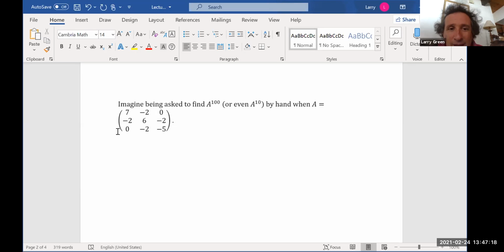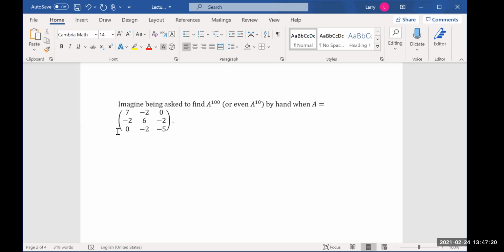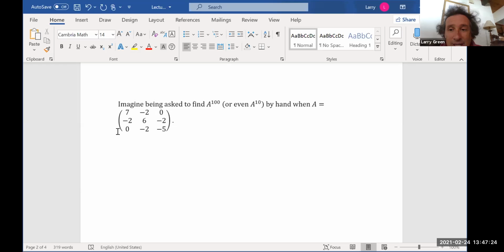We know A to the 100th is P times D to the 100th times P inverse, right? D to the 100th, we saw on that example, is easy. You just take the 100th power of every number in D. Does that make sense? And then we multiply by P and P inverse.